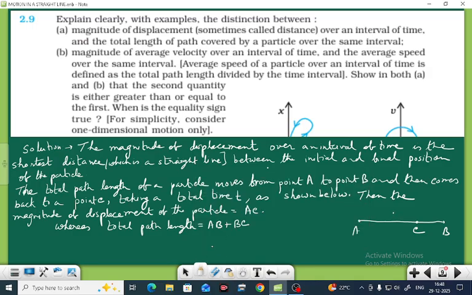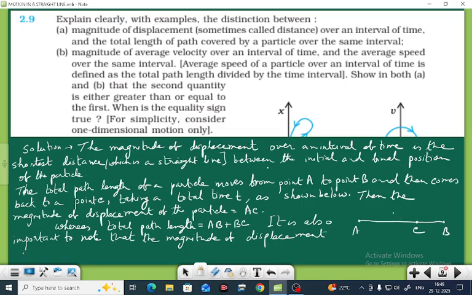It is also important to note that the magnitude of displacement can never be greater than the total path length.